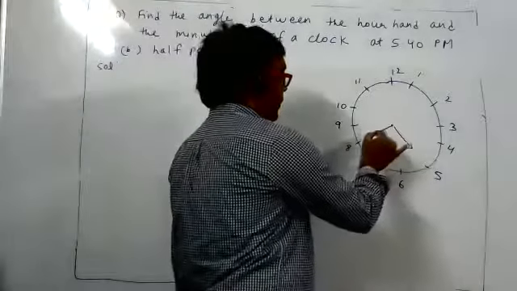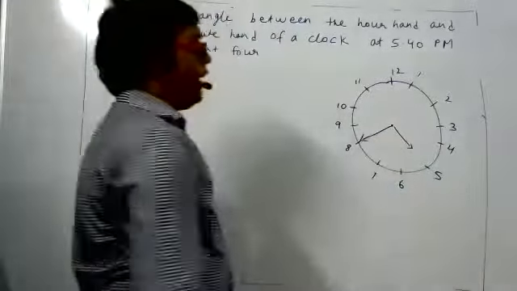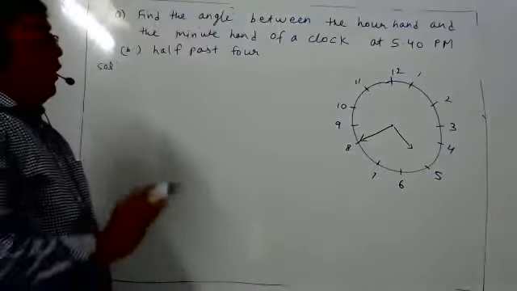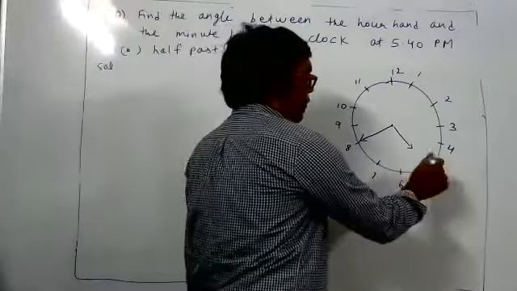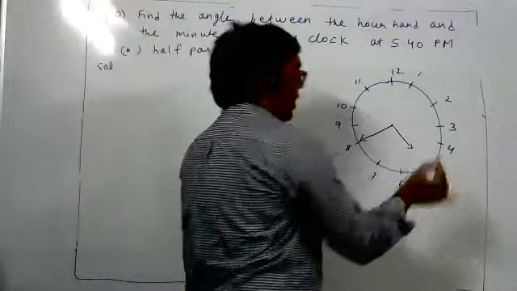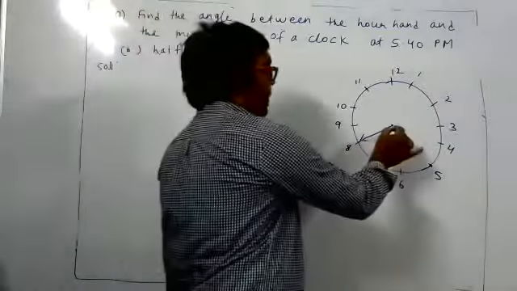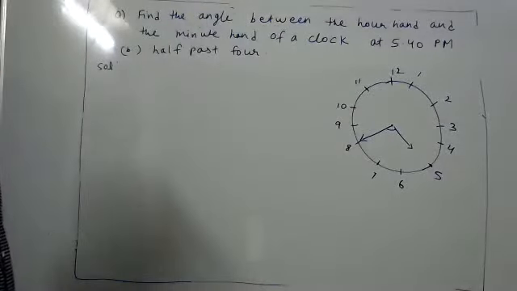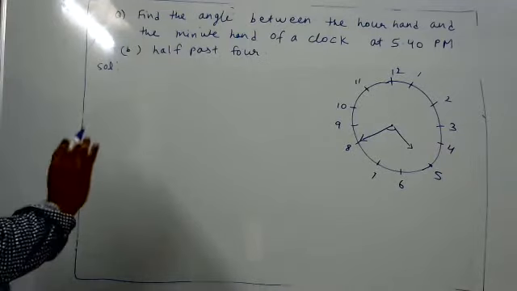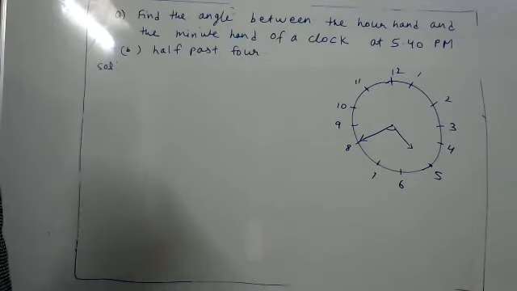This is the position of the hour hand and minute hand. Till here is there any doubt? We want to calculate this angle. That is the question. Shall I start working?